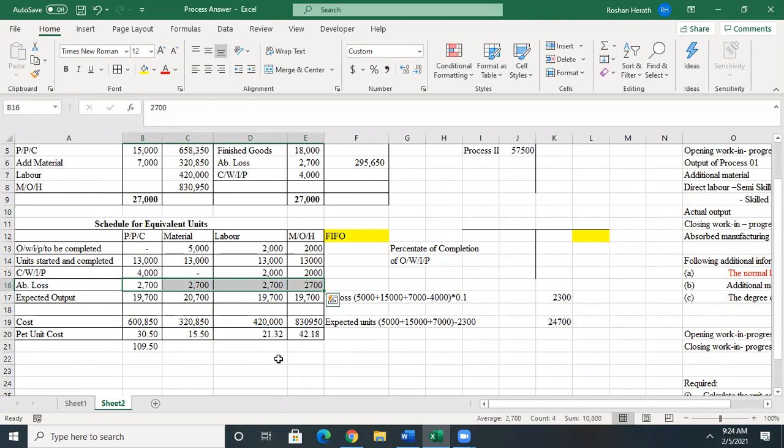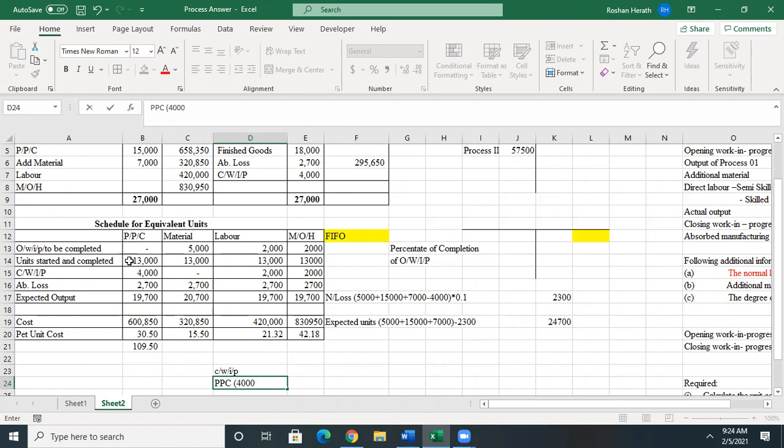Then let's come to the closing WIP. Let us value the closing WIP. So how do we take it with respect to the previous process cost? It is 4,000 units, and that is at 30.5.